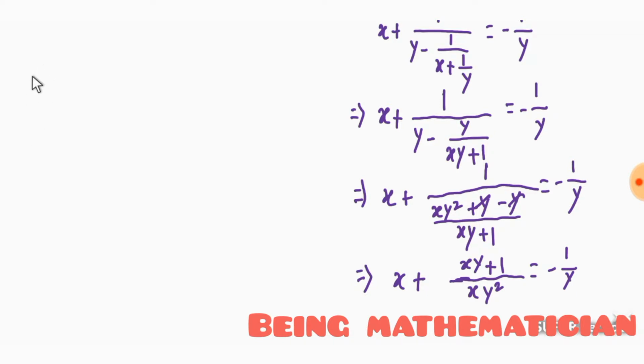And now this will be (x² y² + xy + 1) divided by xy² equal to minus 1 by y.